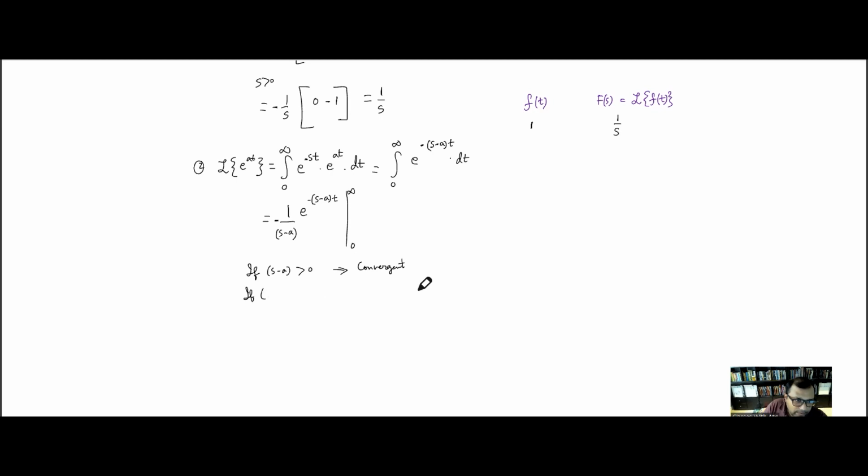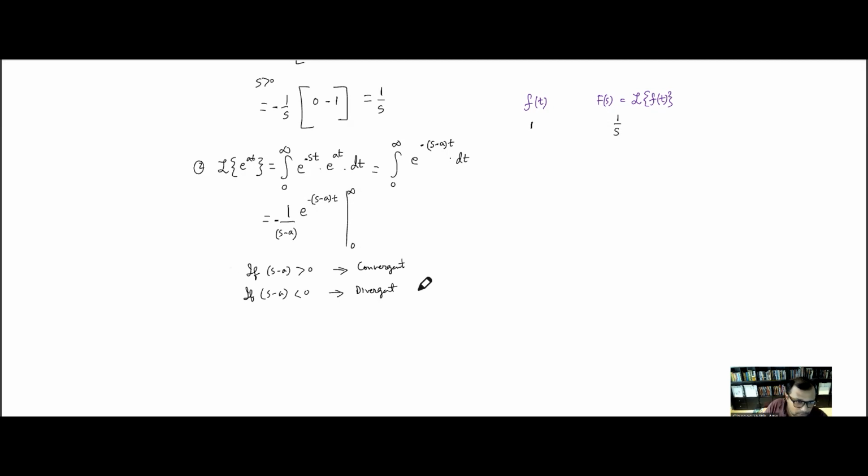If s minus a is less than 0, this term will become positive, so e to the power infinity will become like a big number. So this will become divergent, and we can't really solve this improper integral.